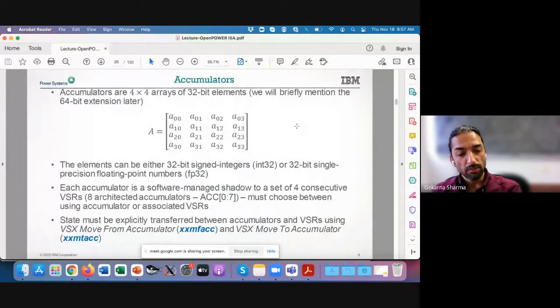From the vector scalar register you want to move to the accumulator, saying this register is now put in the accumulator, or from the accumulator you want to move to the register. You can have this translation using this function, XXMFACC. So you have these instructions available.